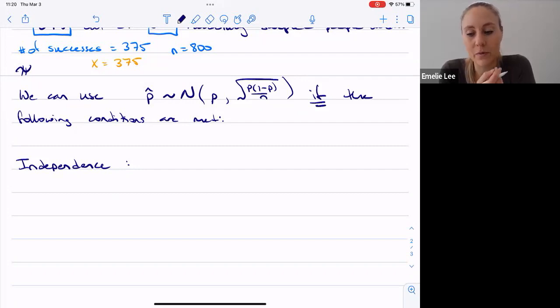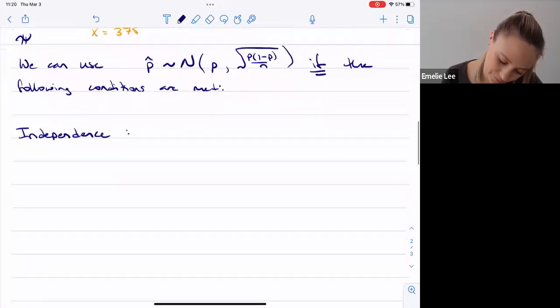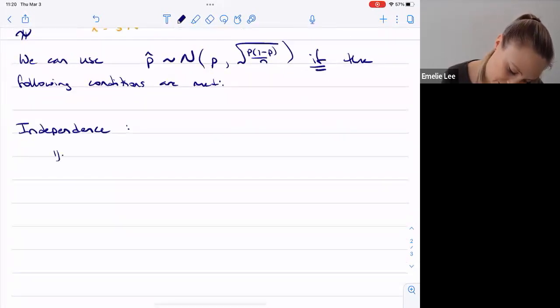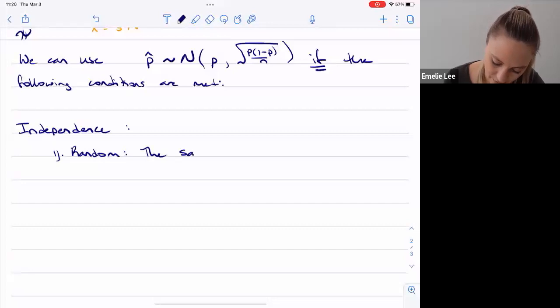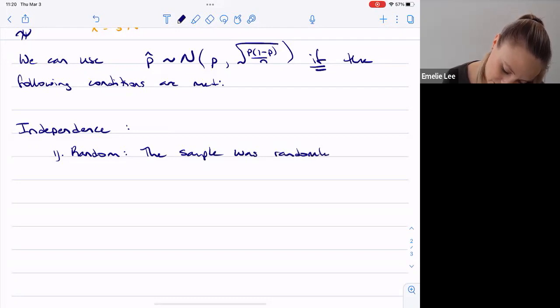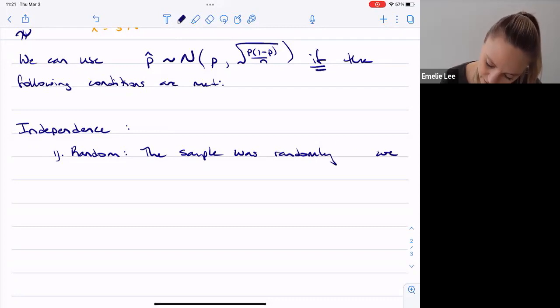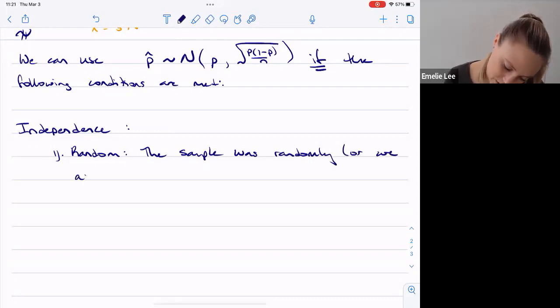Now, the usual way that we check or ensure that is by randomly selecting our sample, right? So first, I'll call it random. The sample was randomly selected, or we assume it was randomly selected.